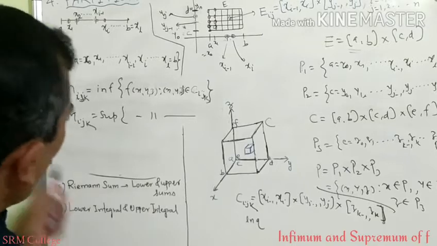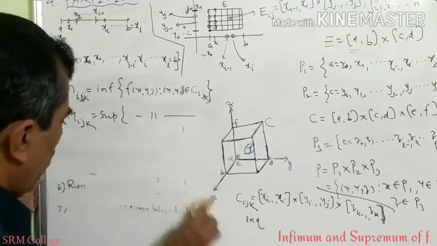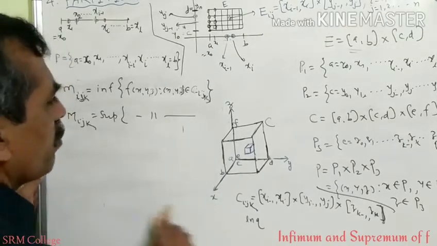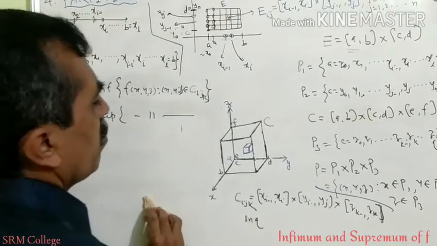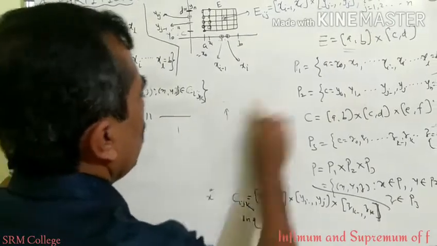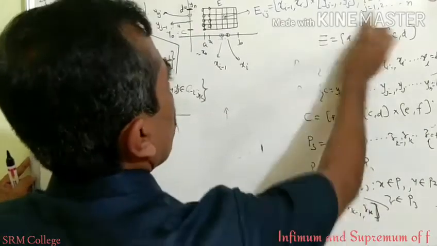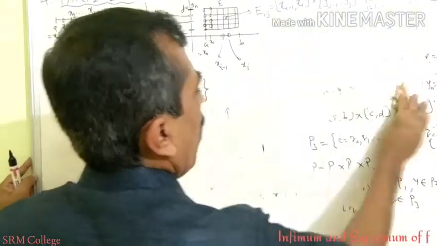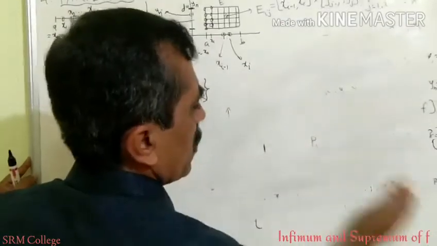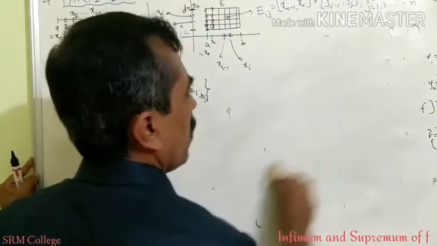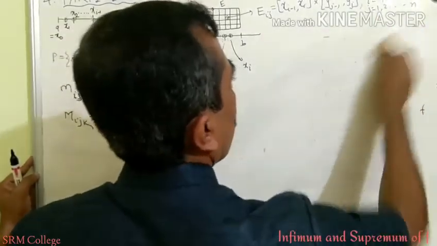Now once you know these infimum values and supremum values of a function, we will go on defining the lower sum and upper sum of a function f with respect to a partition P that you are considering.